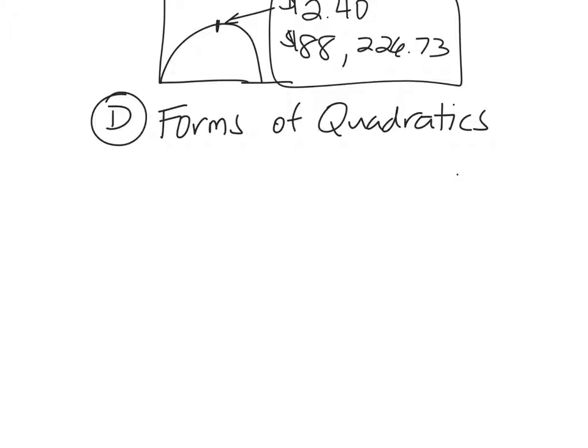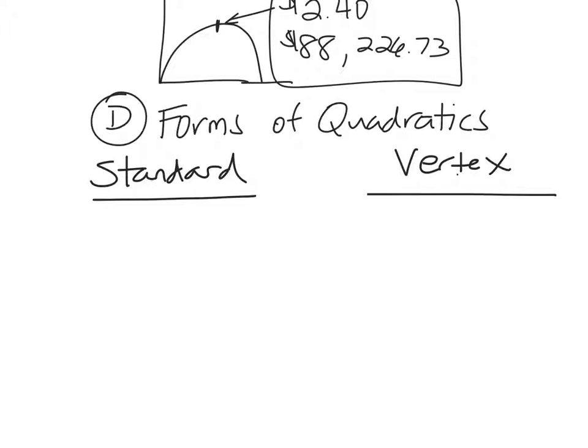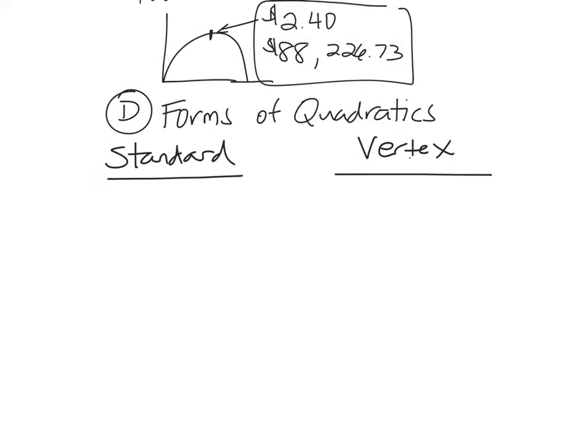All right, so there are two forms. You can either have standard form or vertex form. And let's talk about each of these. Standard and vertex. All right, standard form is y equals ax squared plus bx plus c.